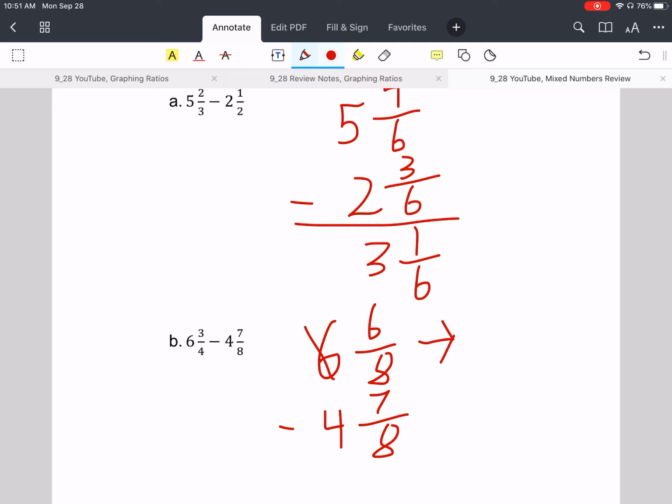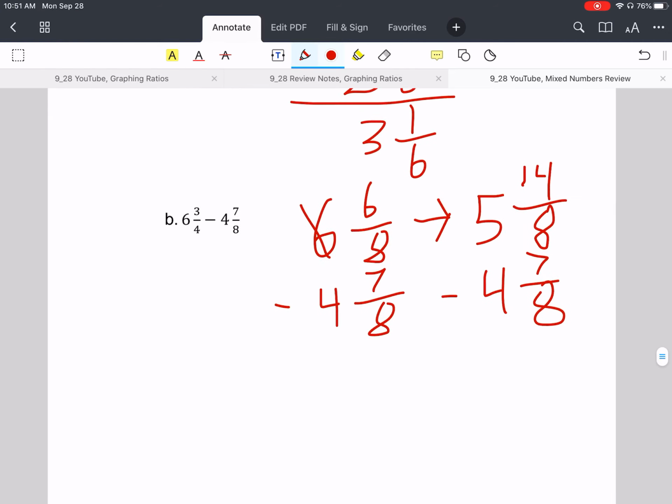We're going to borrow from the whole number and move those 8/8 into our fraction form. So we're adding 6/8 to 8/8, and now we have 5 and 14/8 minus 4 and 7/8. So we borrowed 1 whole from our 6 and took those 8/8 into our fraction.